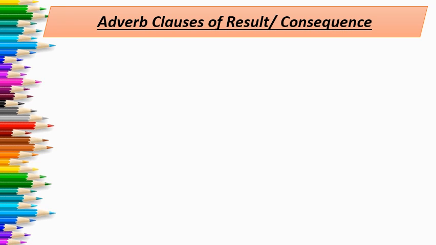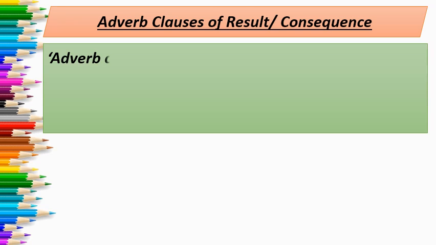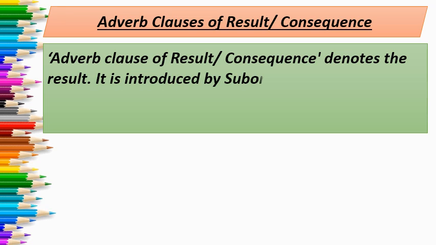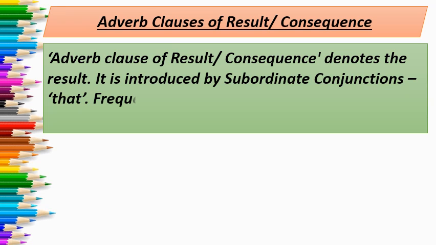Now let us see another kind of adverb clause, that is adverb clauses of result or consequence. What is an adverb clause of result? An adverb clause of result or consequence denotes the result. It is introduced by the subordinate conjunction that.